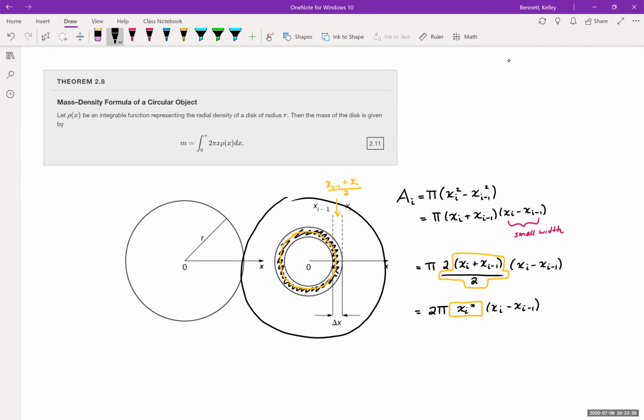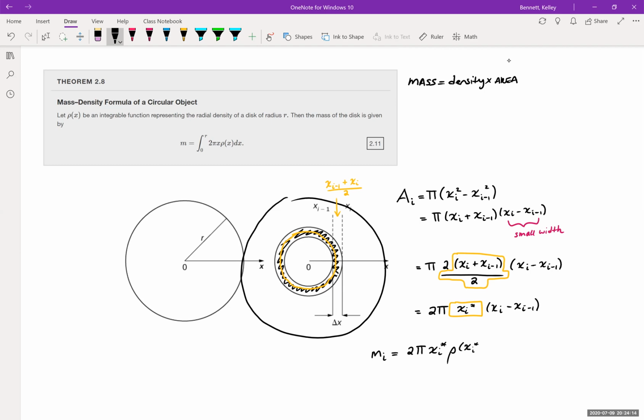How do we get the mass? So mass, we can think of it as density times area in this case. So if I wanted to know the mass of this shaded black ring, it would be m sub i equals 2 pi x sub i star times whatever the density is for that partition, which is just going to be our density function rho evaluated at x sub i star.